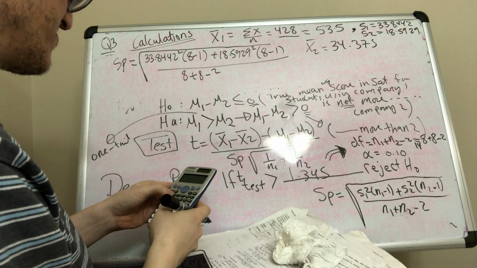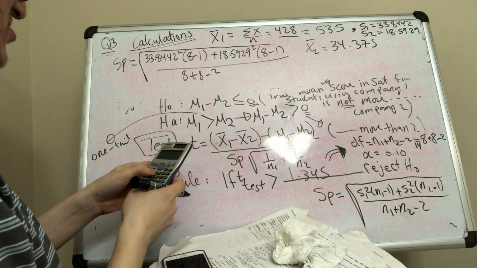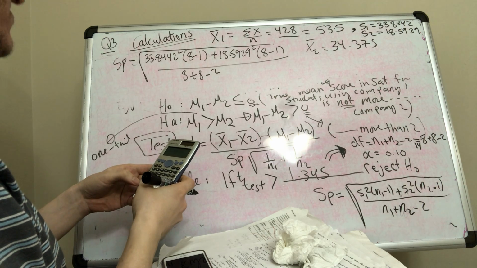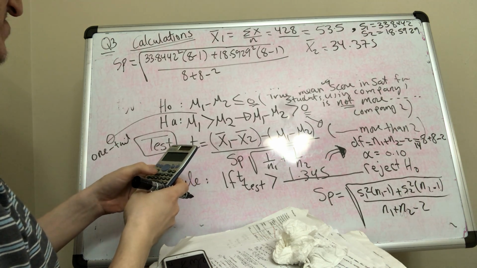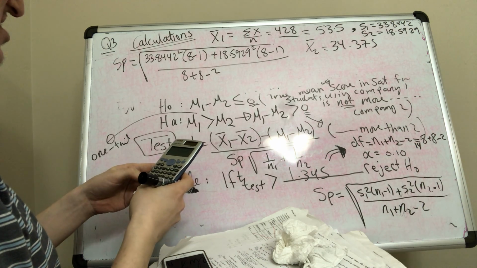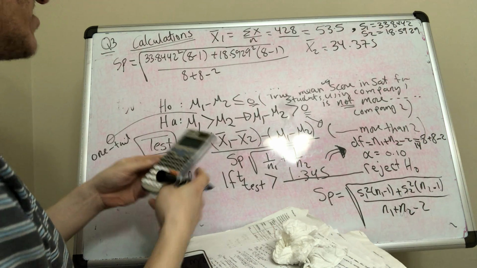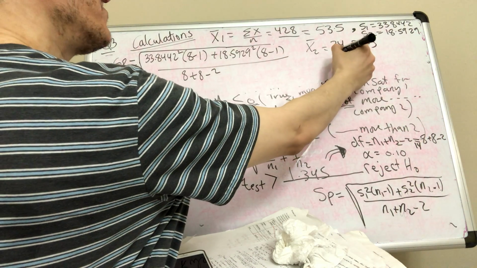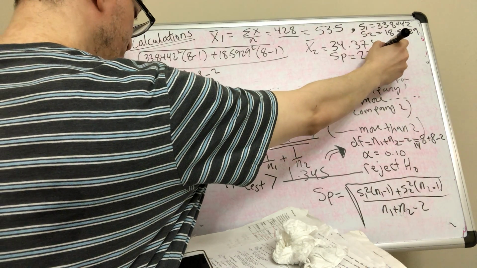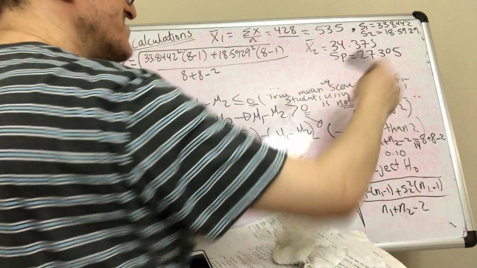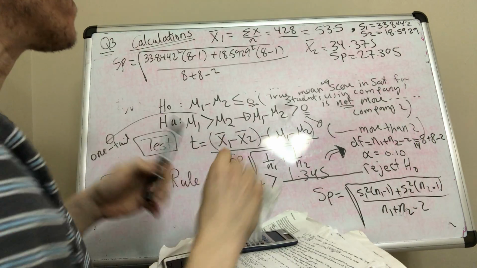So 338442 squared times the sample minus 1, and 185929 squared times sample minus 1, over that. That gives you your SP of 27305. So that's basically your SP.